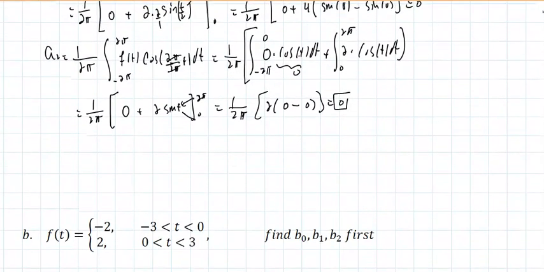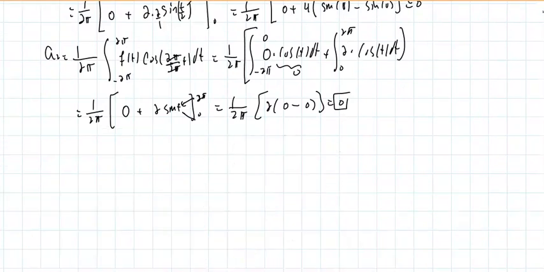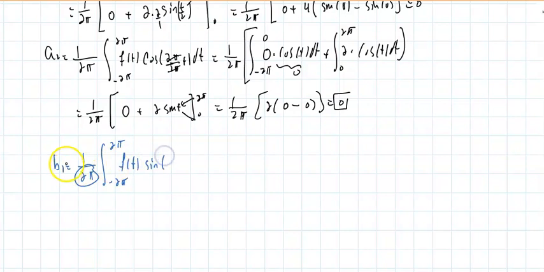just like I did in the previous problem, I will say b sub 1 is 1 over 2 pi, the integral from negative 2 pi to positive 2 pi. So this is always half of that, of f of t, the sine of, again, 1 pi over 2 pi t dt.